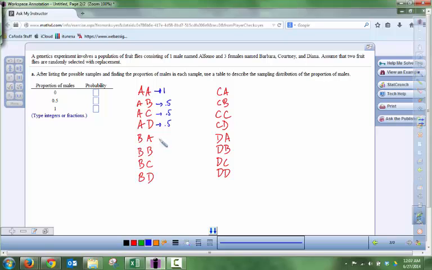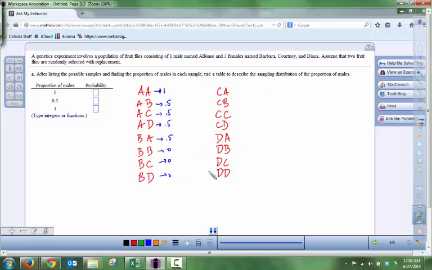Barbara and Alfonso is another 50% male. Barbara, Courtney, and Barbara, Diana are all 0% male because they're all female in that population.